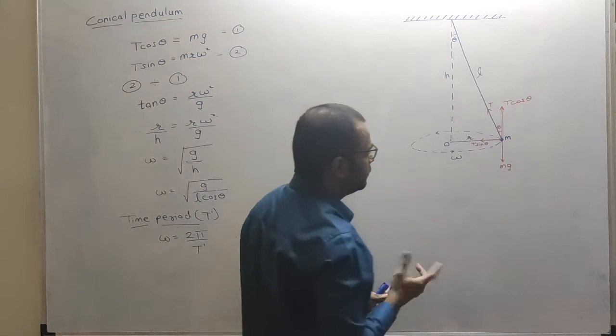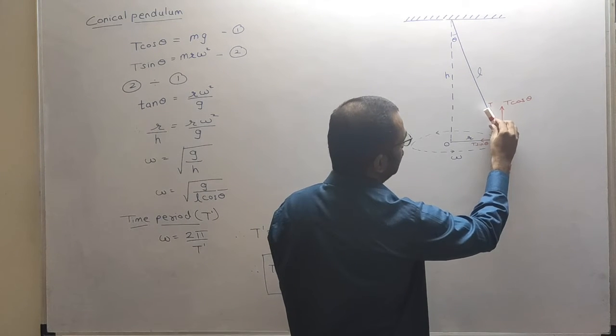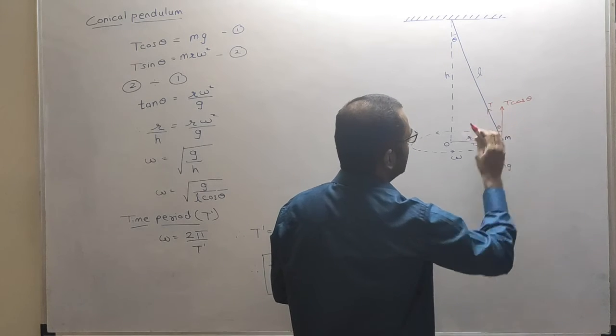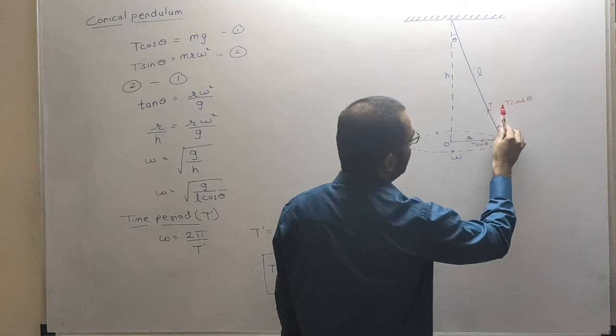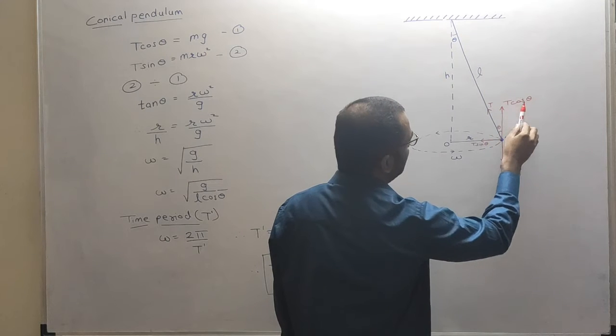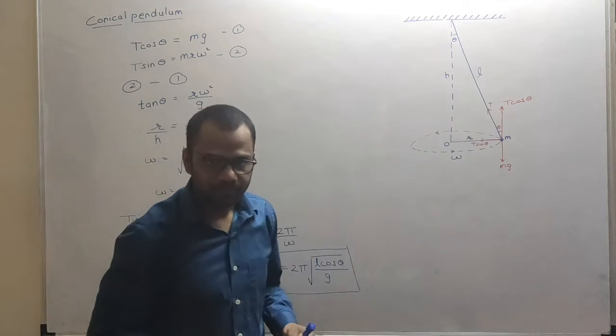Okay? Now as we were talking, I am resolving this tension into two components. One is a vertical component and another is a horizontal component. Now we know that the component next to theta is always the cos theta component. So this component will be T cos theta and the remaining component will be T sin theta.